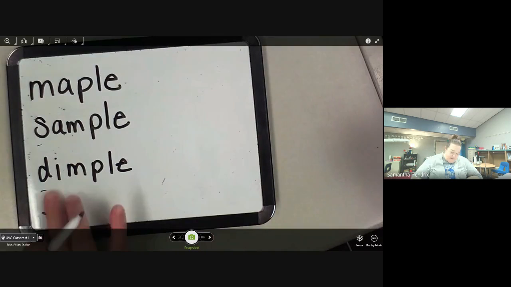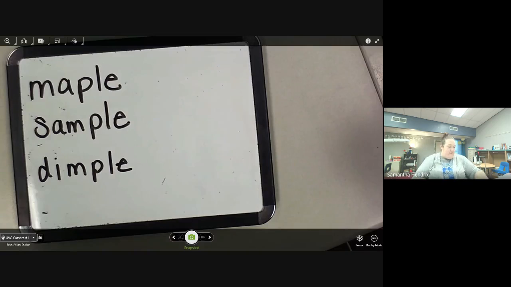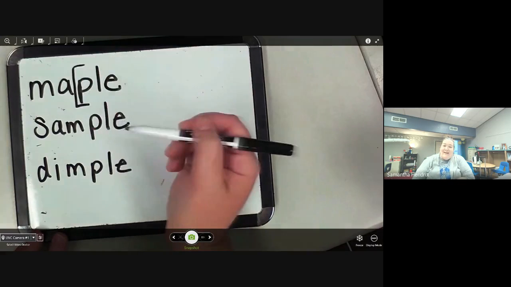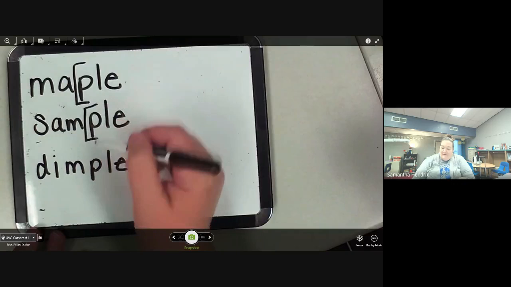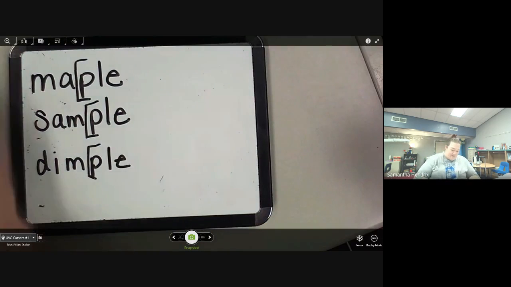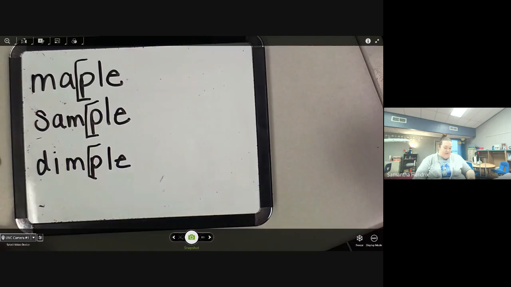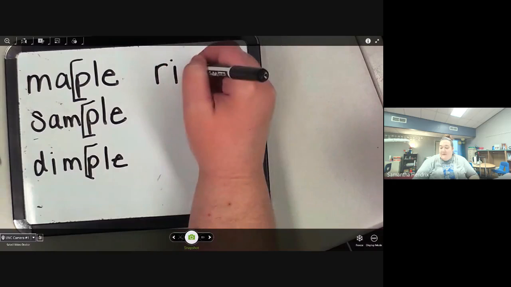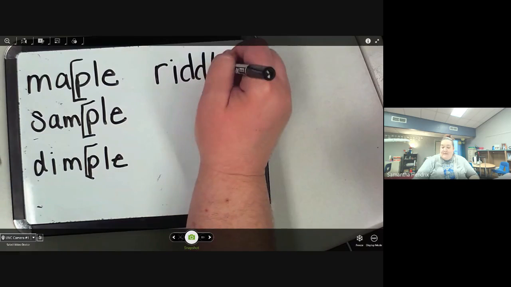right? So it is the final stable syllables, okay? We bracket those. Remember, it's stable. Stable means it doesn't change, okay? So let's look at these.